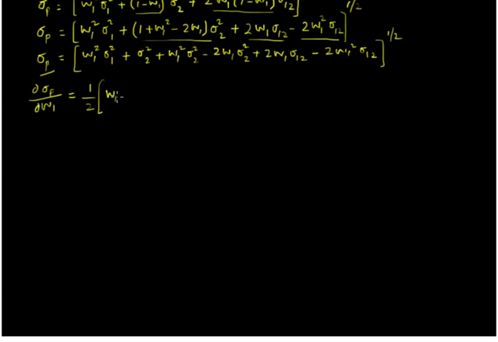So we write here W1 squared times variance of 1 plus variance of 2 plus W1 squared times variance of 2 minus 2W1 times variance of 2 plus 2W1 times covariance between 1 and 2 minus 2W1 squared times covariance between 1 and 2. And the exponent now is going to be half minus 1, that is minus 1 over 2.